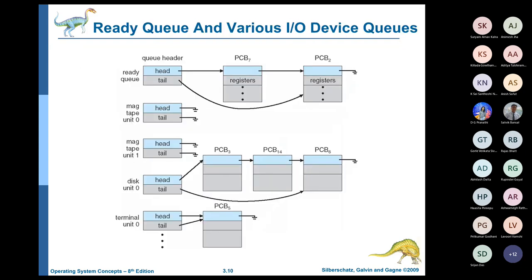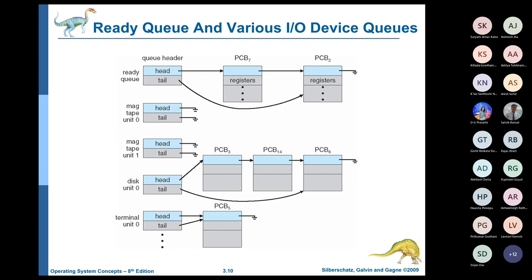Corresponding to every I/O device, slow I/O devices like magnetic tapes, which have become obsolete nowadays, disks, terminals, etc., there are job queues attached, because multiple processes might want to do operations with these units.